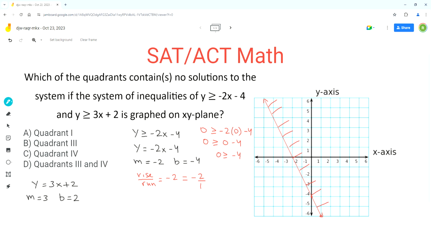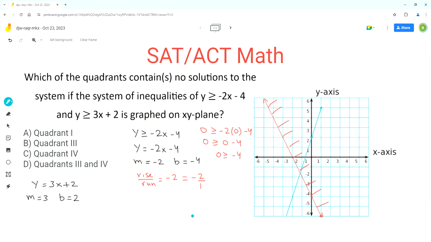So we'll start by plotting the y-intercept, and from this y-intercept we have to show the rise of 3 and run of 1. So this is our second point. Now we can join these points to graph the line.